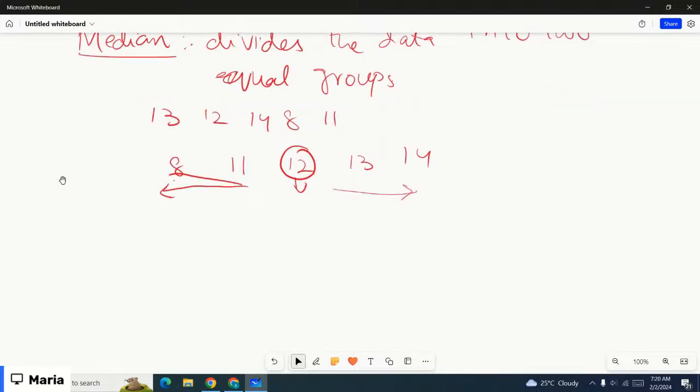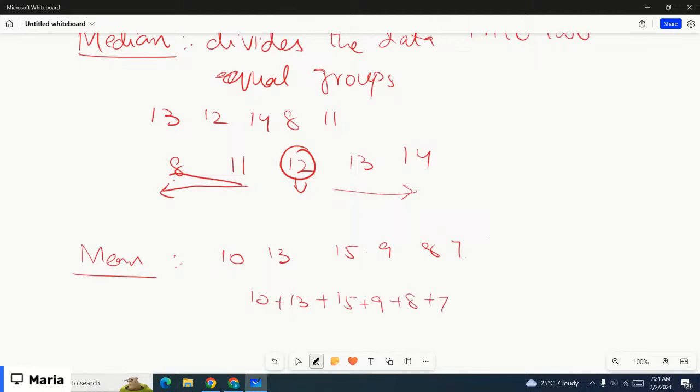Okay, when you need to calculate the mean of the data, for example, you are given the numbers 10, 13, 15, 9, 8 and 7, right? You have to calculate the mean of the data. You have to add them all, sum of numbers divided by the number of values. They are 1, 2, 3, 4, 5, 6.